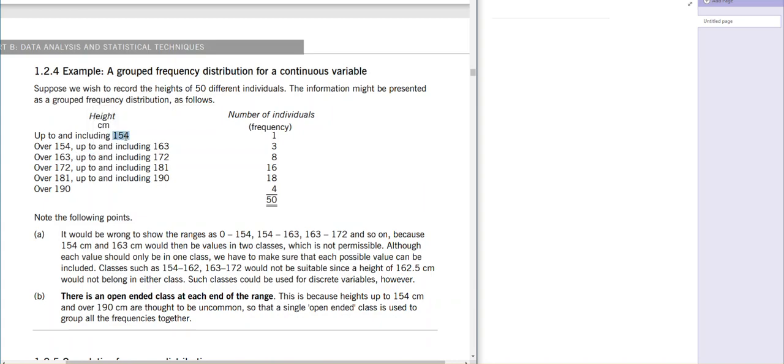If I say up to 154 and then over 155, it would not be correct because anything that comes in between 154 and 155 in points would not be shown in any range. So we say including 154, then the next one is over, and the same continues. And then anything above, because it doesn't end.